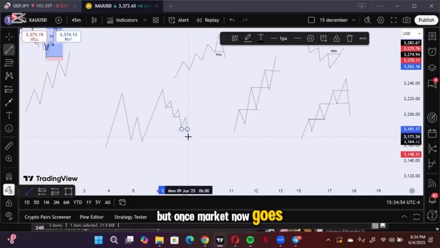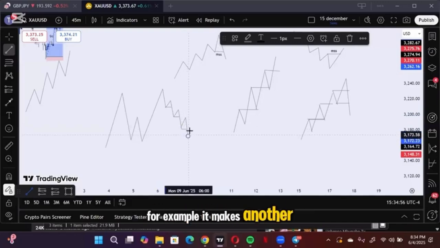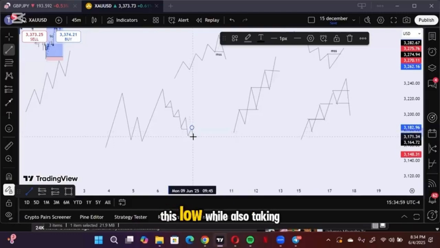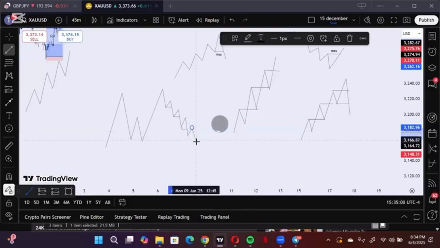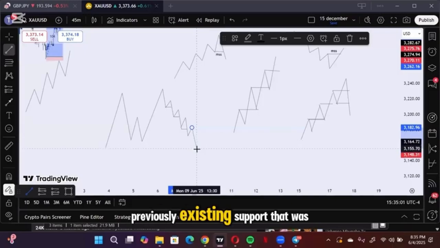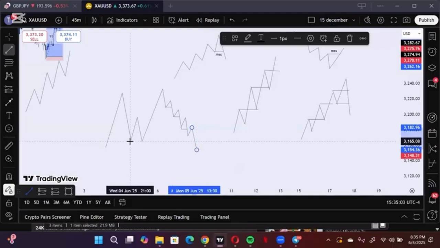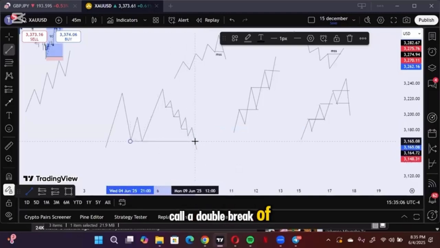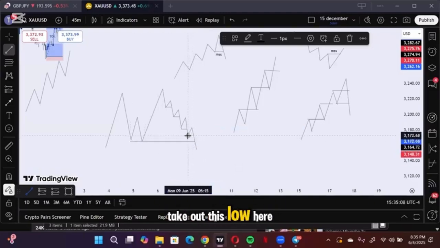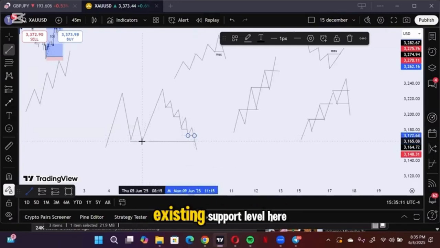But once market now goes and makes, let's say for example, another lower high, it now takes out this low, while also taking out this previously existing support that was here, then that is what you call a double break of structure. Because not only did it take out this low here, it also took out this previously existing support level here. So when market takes out two consecutive zones, that is what you call a double break of structure.